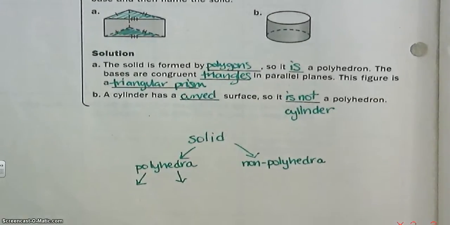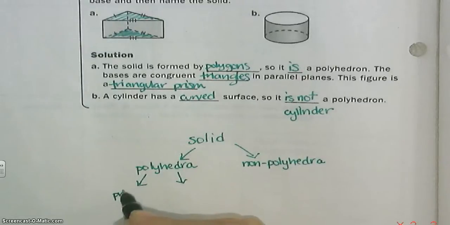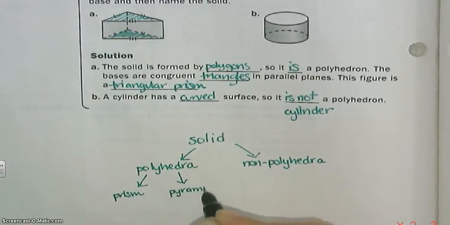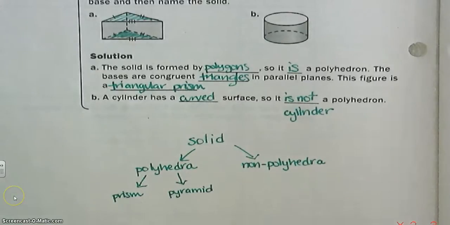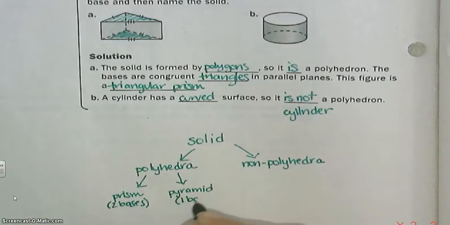All right, so if it's made up of polygons, this is going to be a prism or a pyramid. A prism has two bases. A pyramid just has one base.